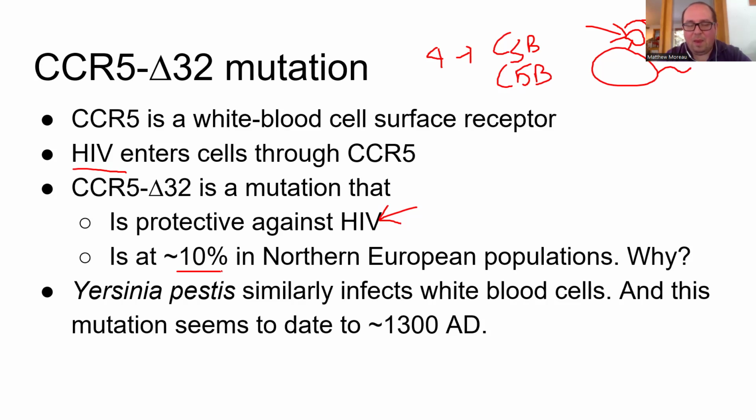And when we've done T fixation for this particular allele, and then done kind of inverse linear regression, we date this to somewhere around 1300 AD, which is the start of, or right around the start of, the second pandemic.